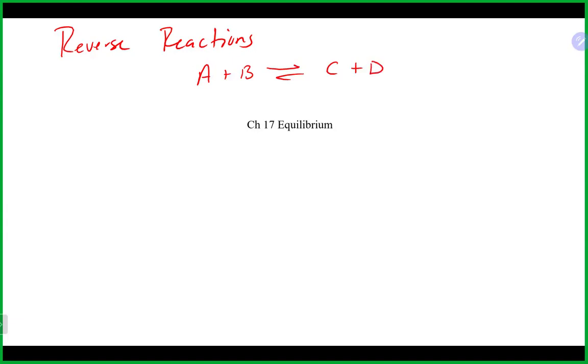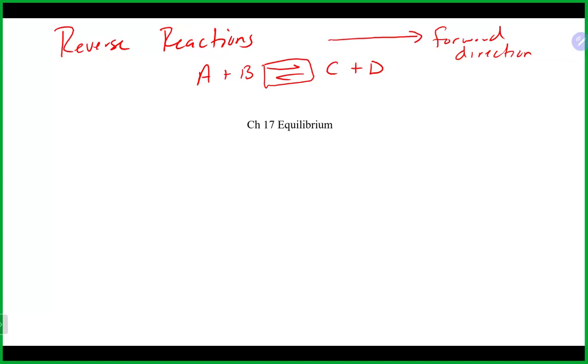So very similar to our weak electrolytes, there again are arrows heading in both directions, which is how you know it's a reversible reaction. And it has, as I mentioned, a forward direction. And that forward direction is when our reactants go to products like normal. So the reaction is heading from reactants to products.